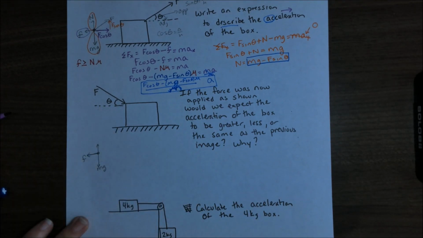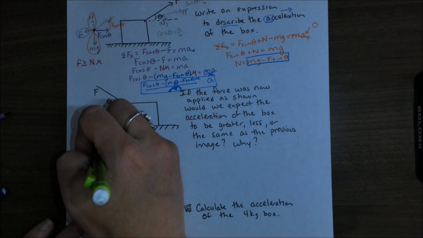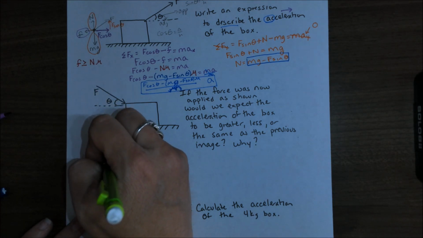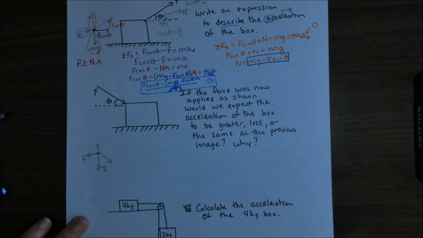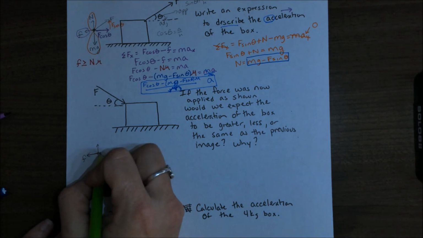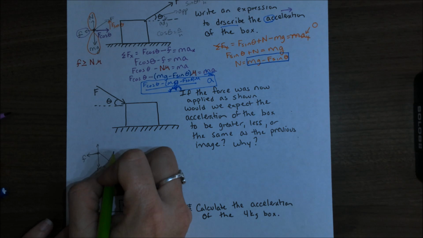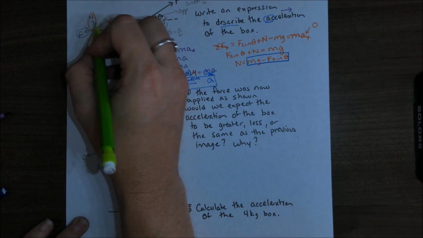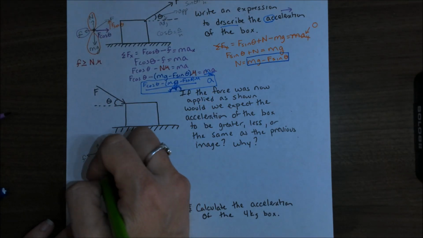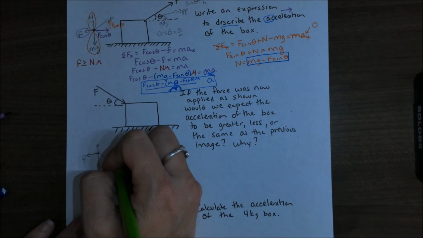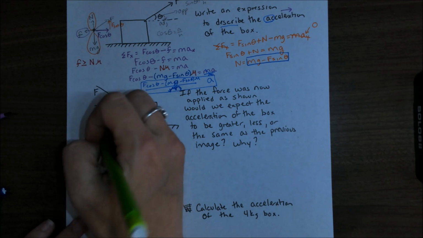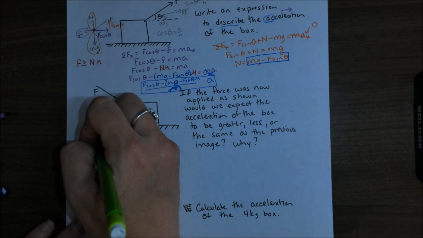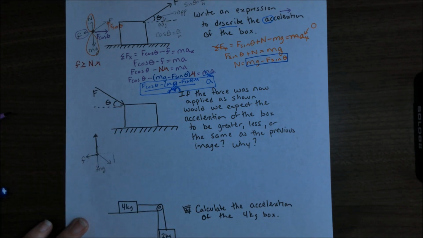Okay. But now that that force is coming down or in, what's going to happen is if I was to break those into component pieces, instead of these two forces trying to help each other out to equal gravity, now this force and this piece over here are going to equal. So what this does is it actually means that my normal force has to become much larger as a result.